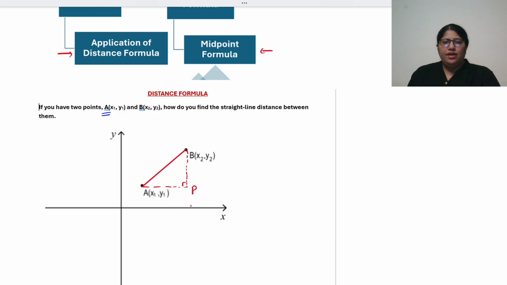Here I'm writing P. This is the length of x1 at point A, and at point B the value on the x-axis is going to be x2. So this point is x2 and this point is x1.